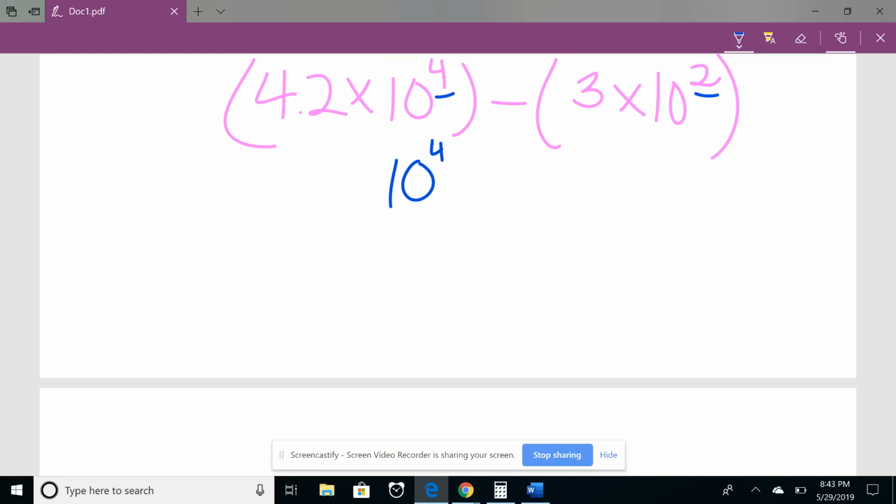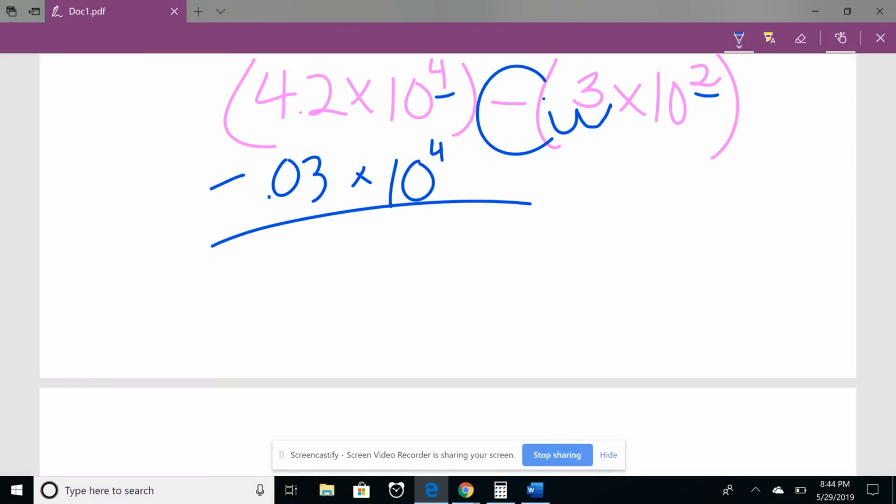So that means I have to move this decimal over. If I'm making the exponent bigger, this decimal has to move to the left to make the front number smaller. 1, 2. So it would be 0.03 times 10 to the 4th. Now the difference with this is we're subtracting these. Remember, we're subtracting.